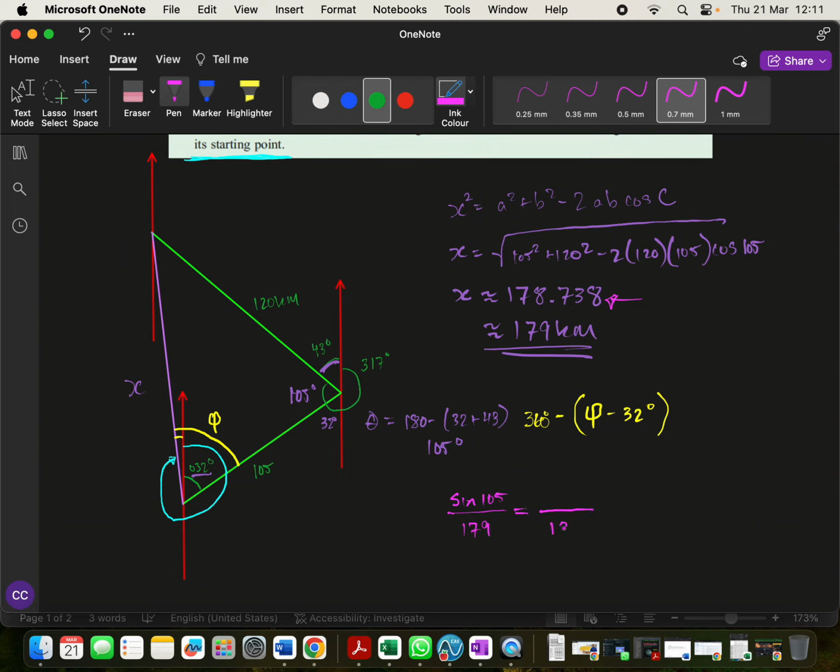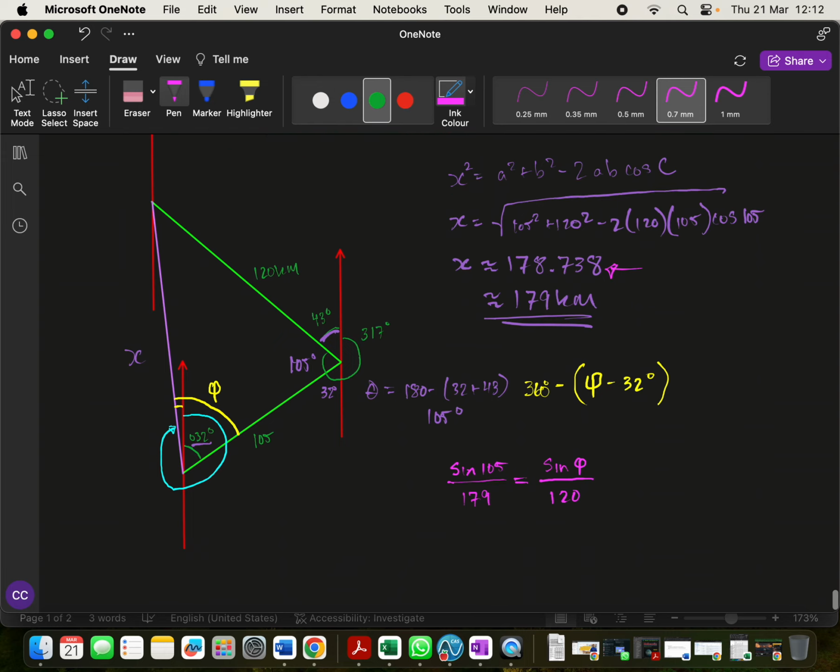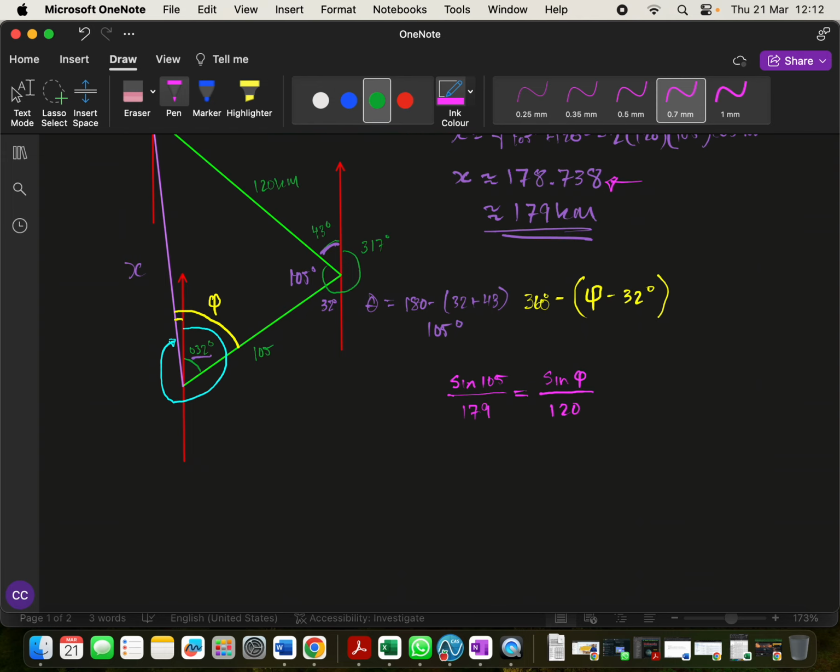That's equal to 120 over the sine of my unknown angle phi. So phi has got to be the arc sine of 120 times the sine of 105 all over that 179.